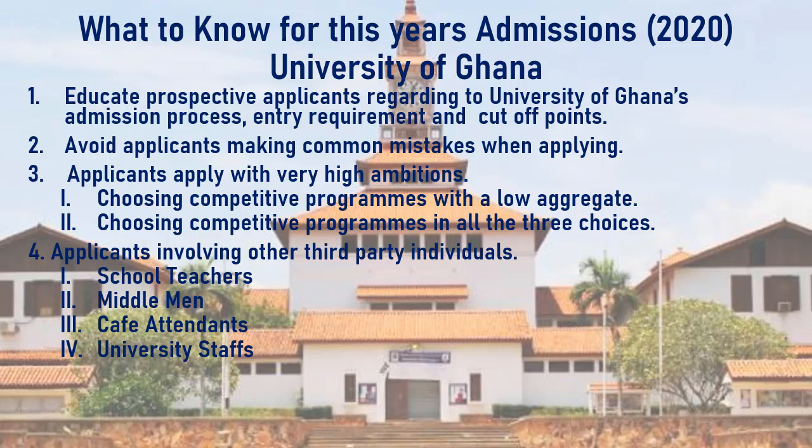You should be mindful that you are not the only person they are applying for. They are applying for a whole lot of individuals, so they are likely to mix up your details with other applicant details.